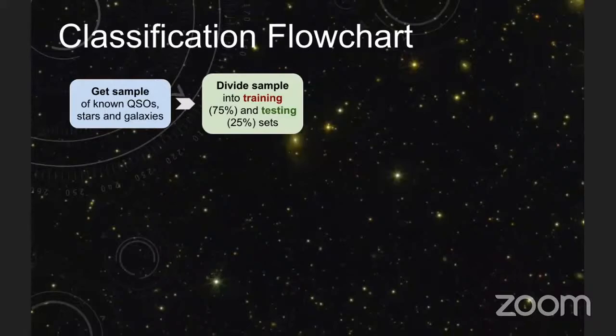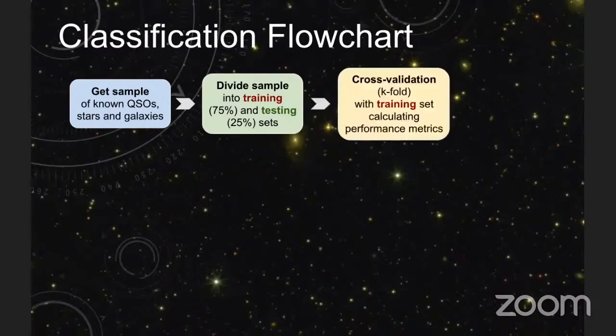So the next step is dividing our spectroscopic sample into a training and a testing set. Then we run a cross-validation on the training set. This cross-validation process is for selecting the best model, in terms of algorithm, feature space, and so on.